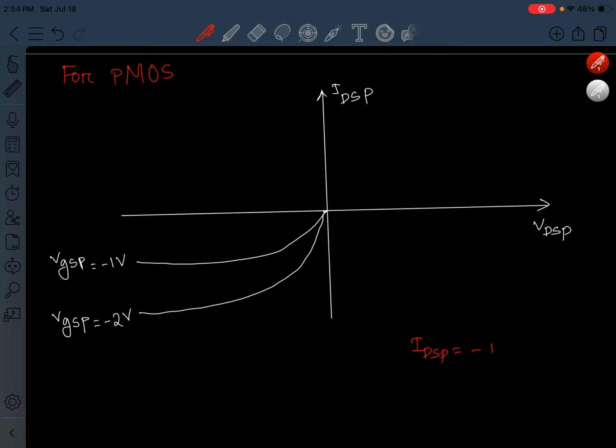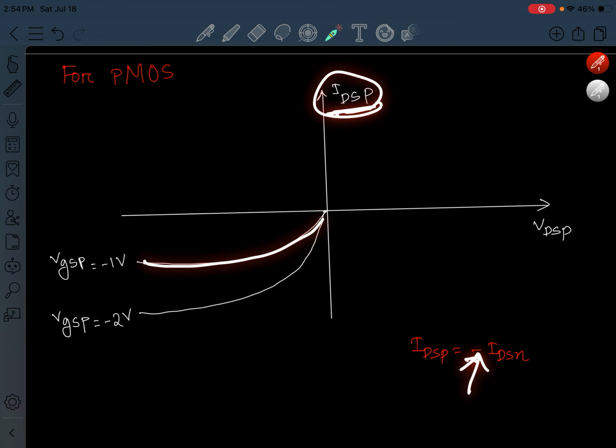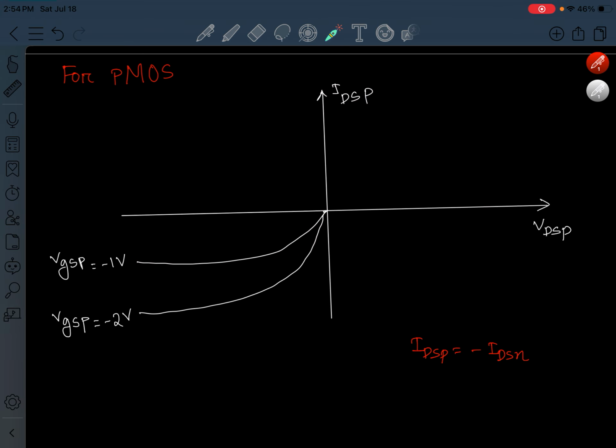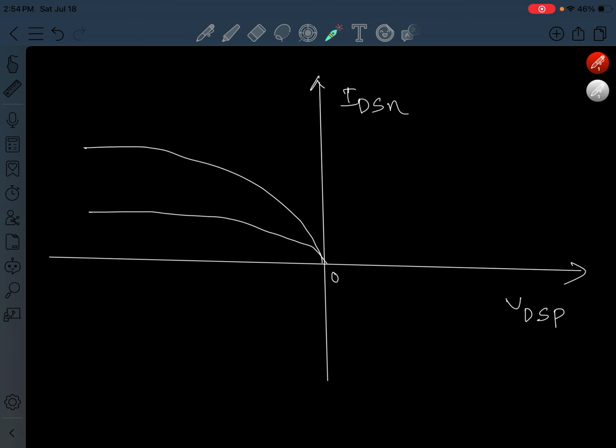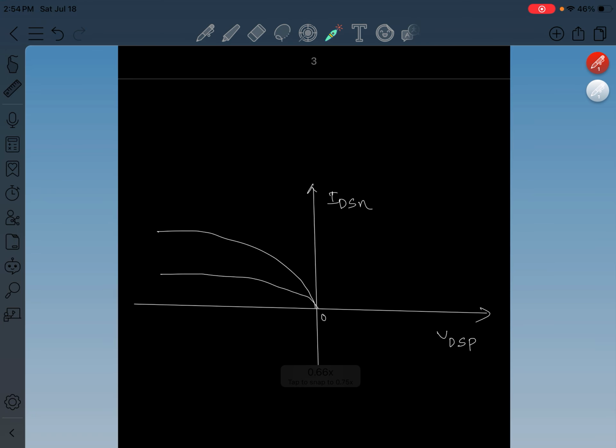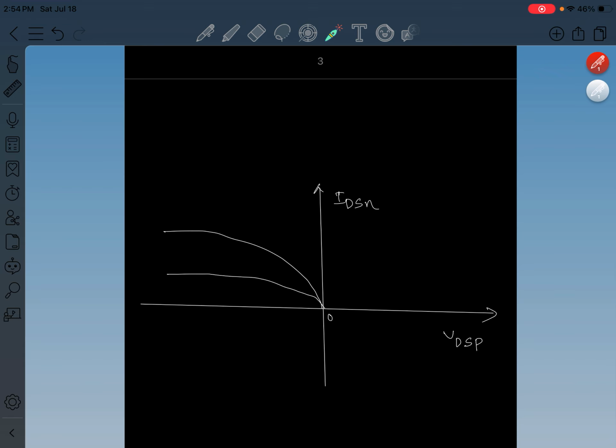IDSP equals minus IDSN, because there is a negative sign. So if we change this axis, the current will be positive. If we change this axis to IDSN, the current will be turned from negative to positive. So this will be the curve if we change the y-axis only.